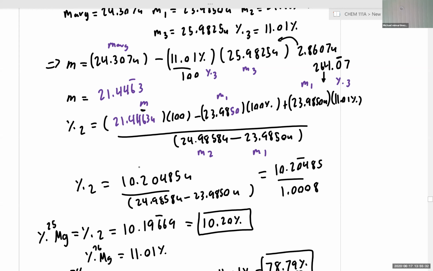Actually, that's a good point. And as a result, each of our answers, we can only report up to 3 sig figs.